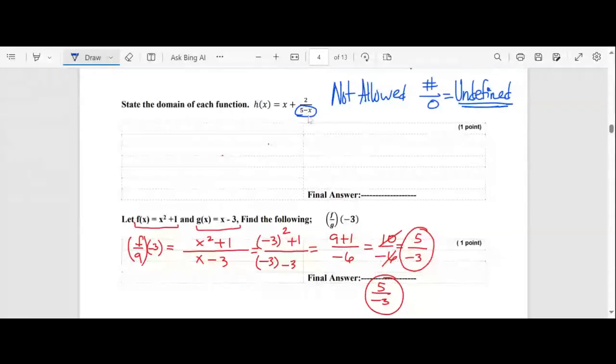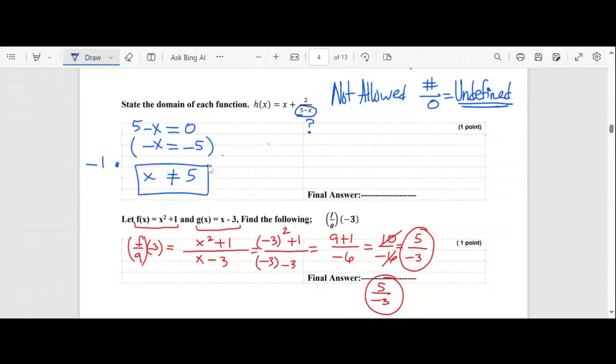Right. What value will you put for x to make the denominator 0? 5. How did you know it's 5? You make it equal to 0. So in this case, minus x equals minus 5. So multiply both sides by negative 1. So you're going to get x equals 5.